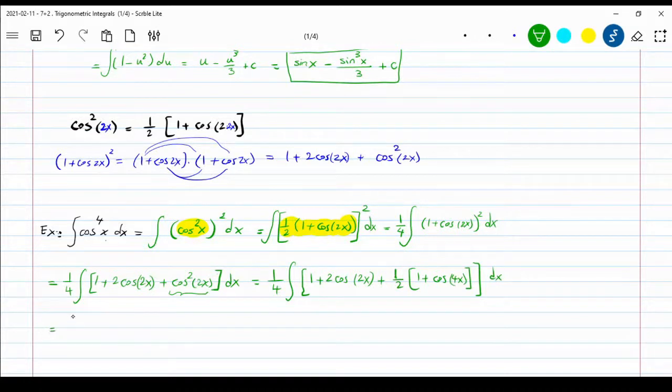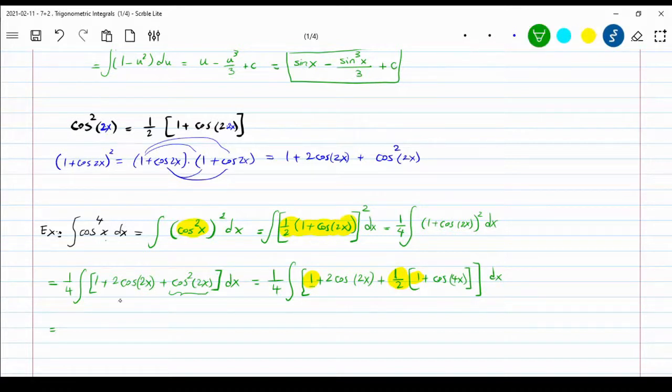Let's try to simplify all these. So you have 1, and let me actually highlight these. You would have 1 times 1/2, that is 1/2, and here plus 1, so it would be 3/2.